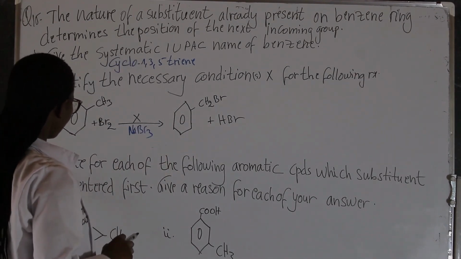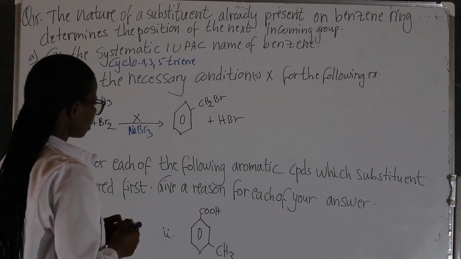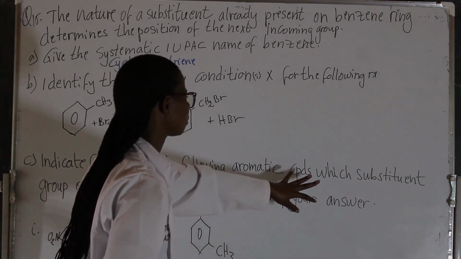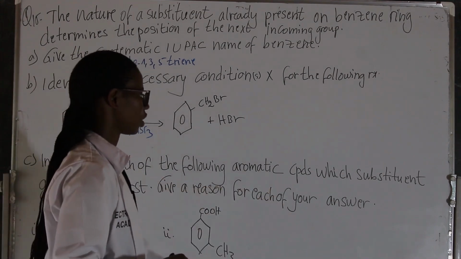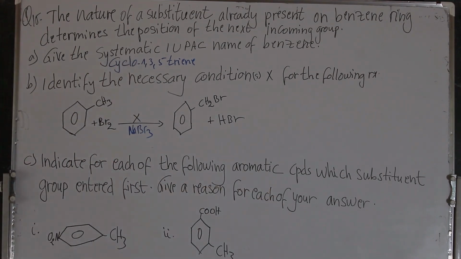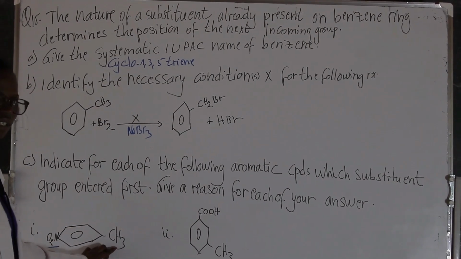For number 3, for each of the following aromatic compounds, which substituent group enters first? Give a reason for each of them. We'll answer. For question 1, here we have NO2 and the methyl.